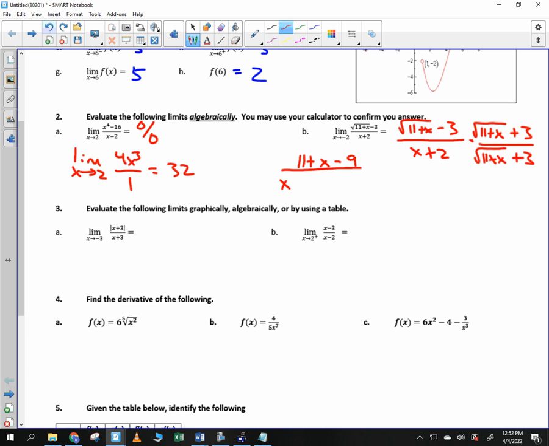And on the bottom, you have x plus 2 times that quantity, root of 11 plus x plus 3. So what do you get in the top? x plus 2. What do you get in the bottom? x plus 2 times all that. What can you do? Cross off the x plus 2's, right? Can I now plug in the negative 2? Yeah, and you get 11 plus negative 2 is 9. Square root of 9 is 3, plus 3 is 6, so you get 1 over 6. 1/6 is the correct result.